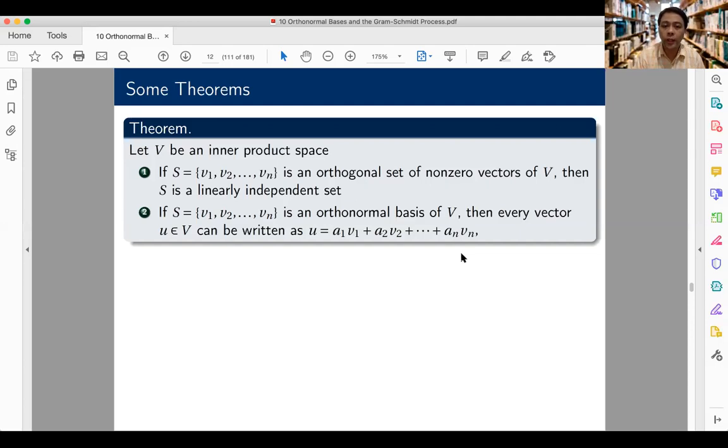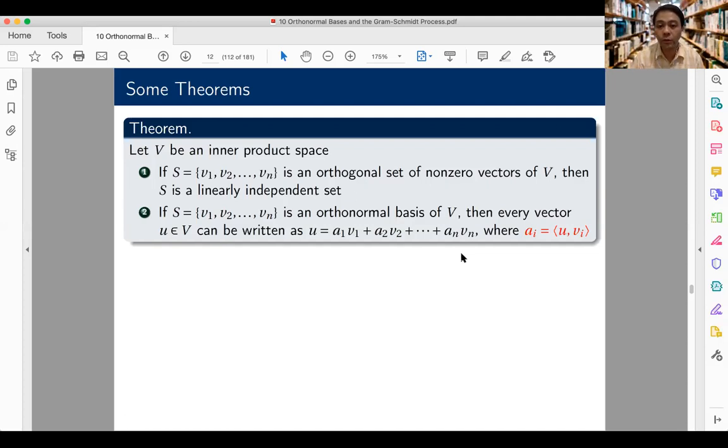But if you are dealing with an orthonormal basis, the coefficients are easily computed as a sub i equals the inner product of U with the v sub i. Or in other words, the ith coefficient is the inner product of U with the ith vector in the orthonormal basis. That's really something.